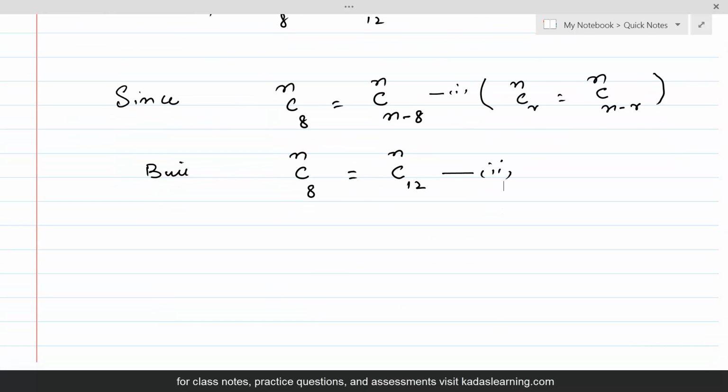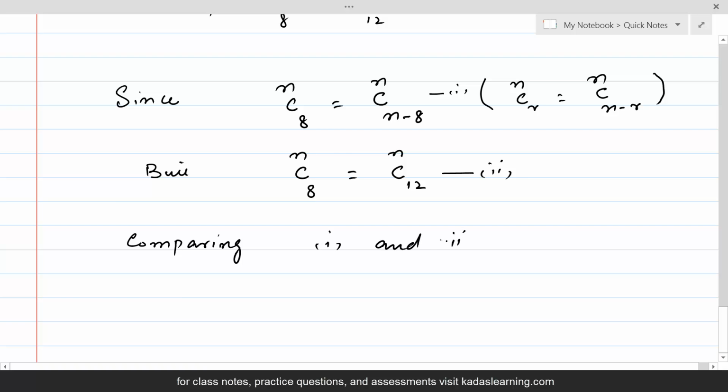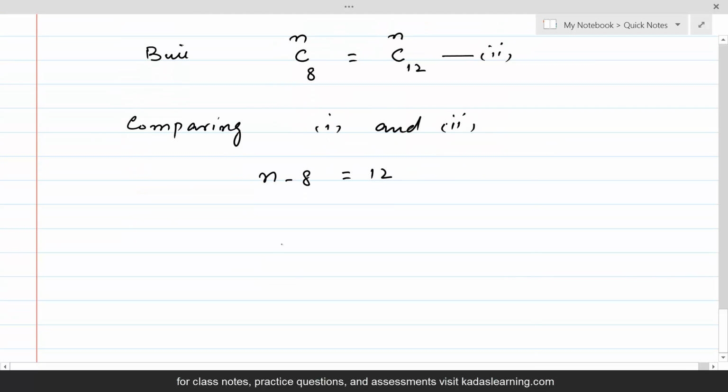And if we compare the right hand side of equations 1 and 2, we have N minus 8 equal to 12, and if that is the case, then N is equal to 12 plus 8, which gives N equal to 20.